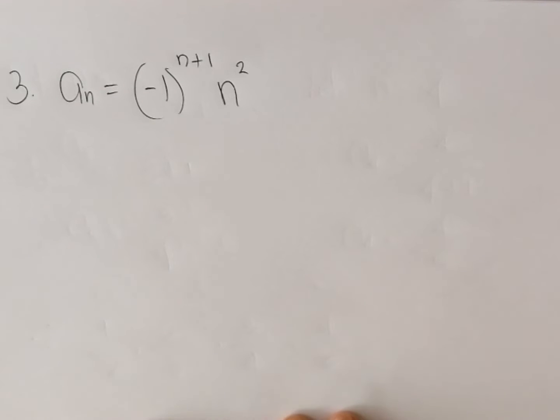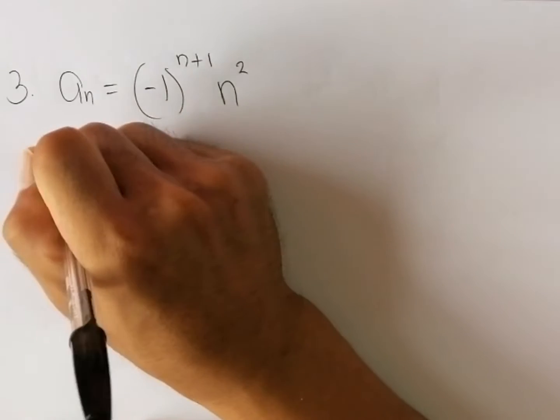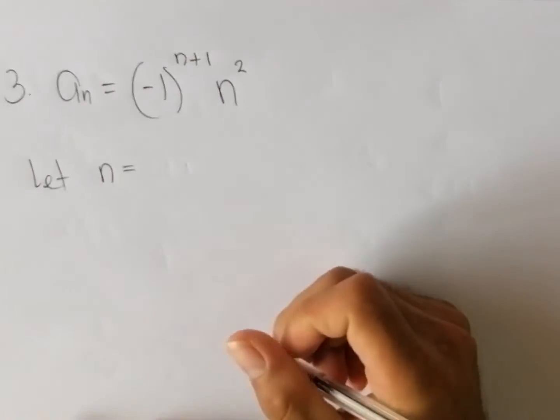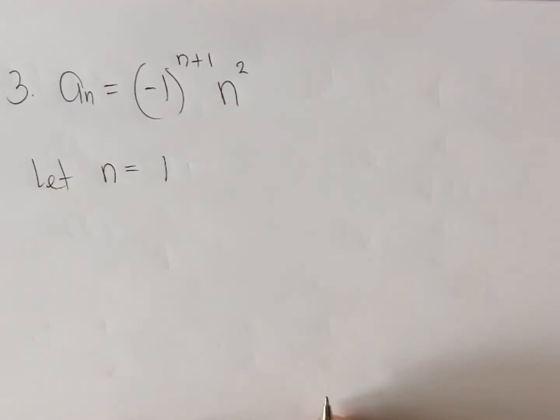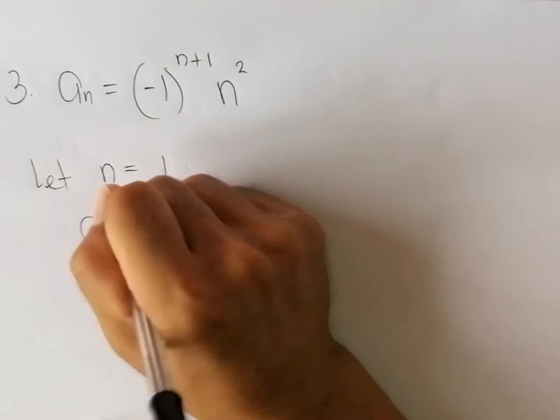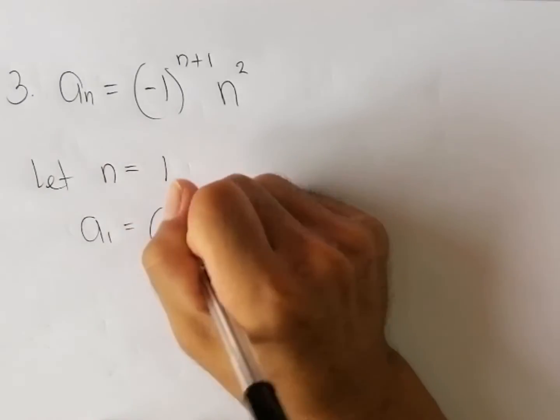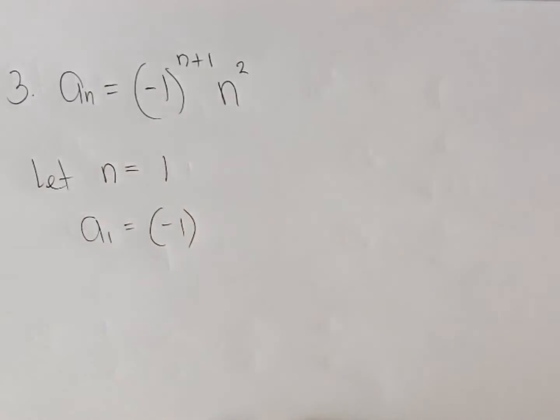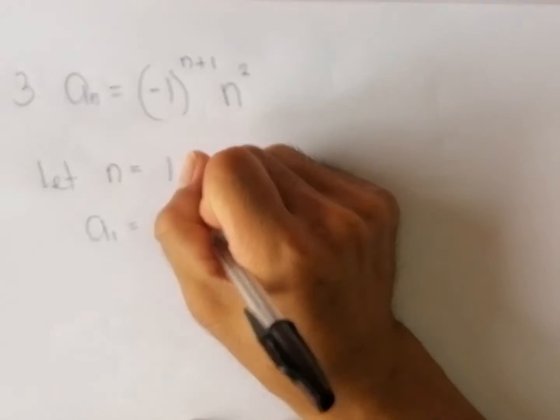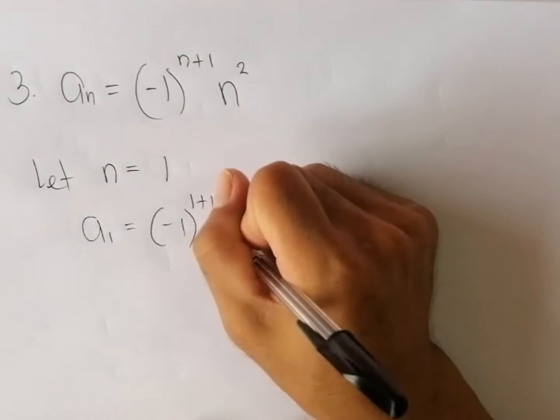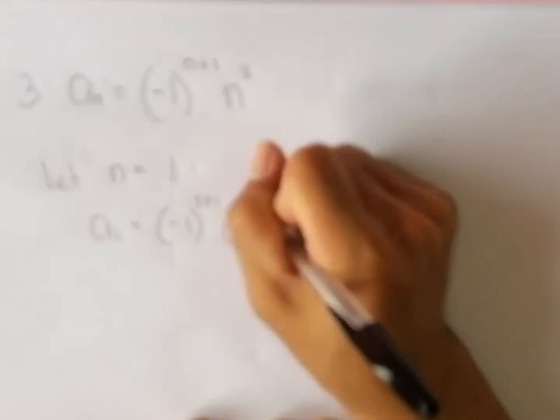Number 3, a sub n is equal to the quantity of -1 raised to the power of n plus 1 times n squared. So let n is equal to 1. So we have a sub 1 is equal to -1 raised to the power of 1 plus 1 times 1 squared.